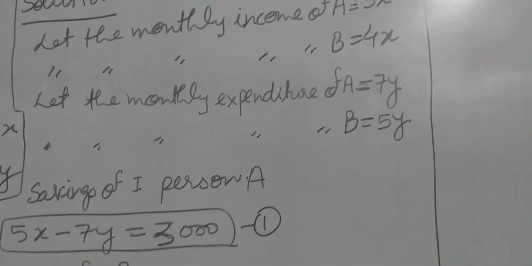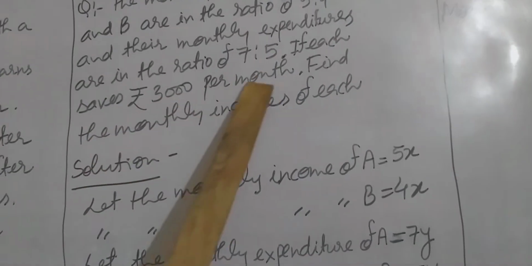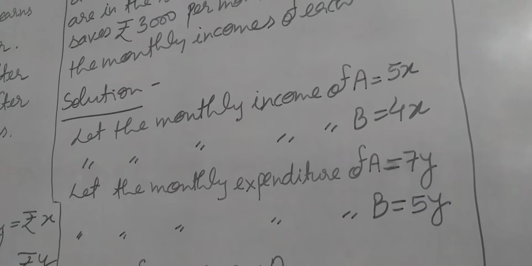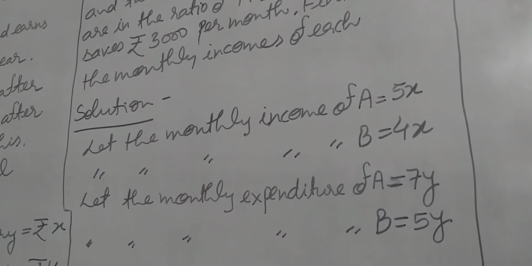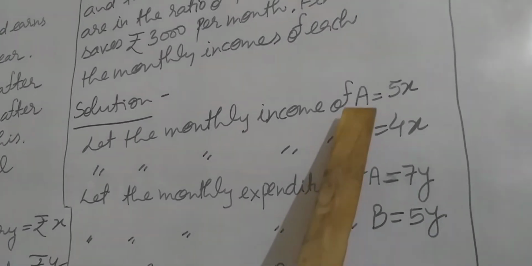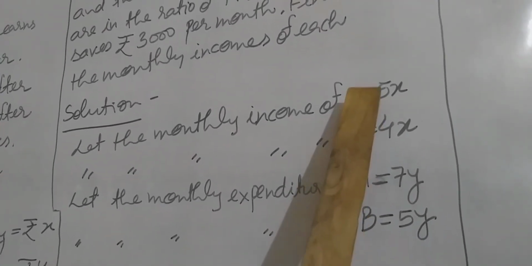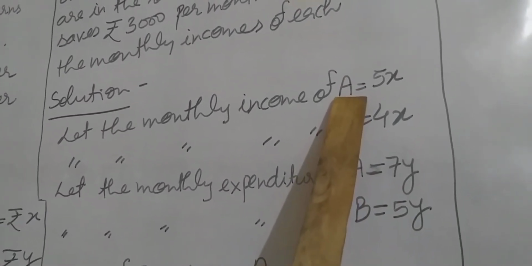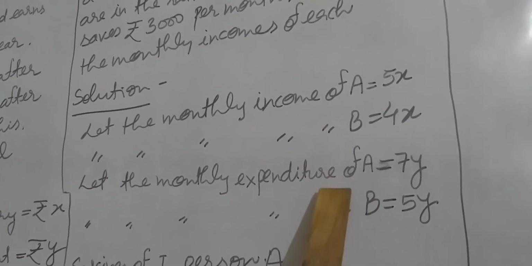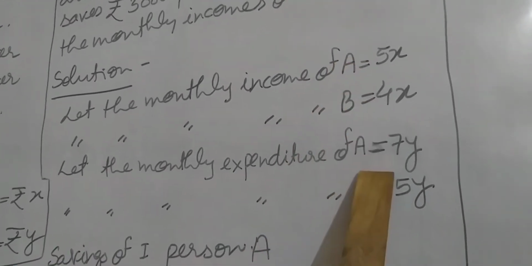Now, saving is given to us. If each saves rupees 3000, this is saving. Saving we can get when we subtract expenditure from income. So for saving of A, from income of A we subtract expenditure of A: 5x minus 7y.